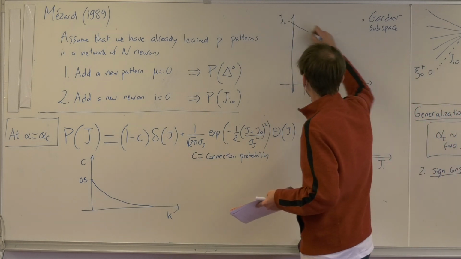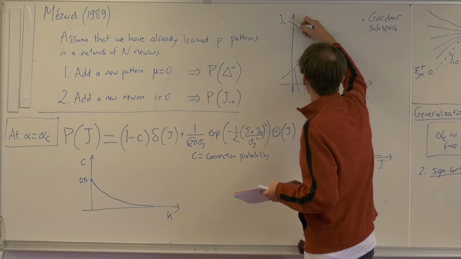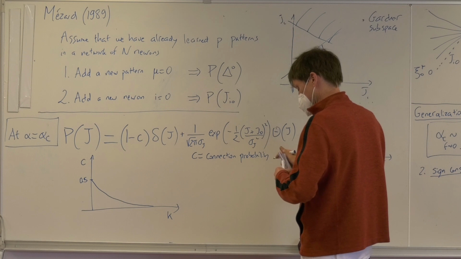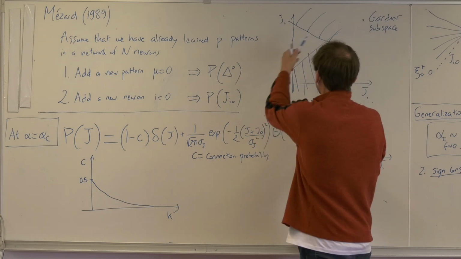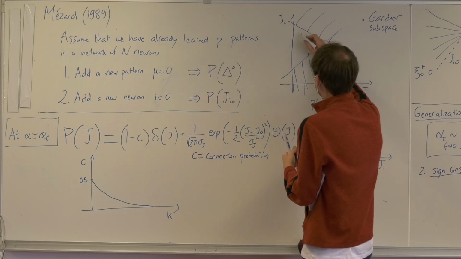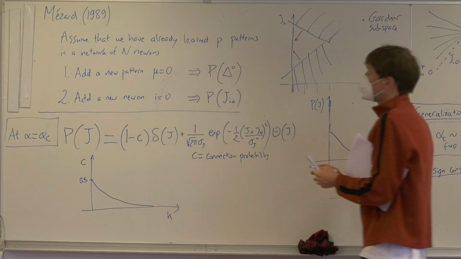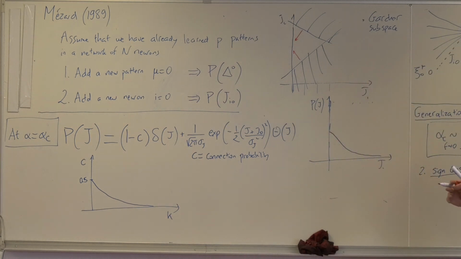Suppose that you have these patterns that are imposing these constraints, and you have this Gardner volume here. Increasing capacity, you're pushed away from these hyperplanes.